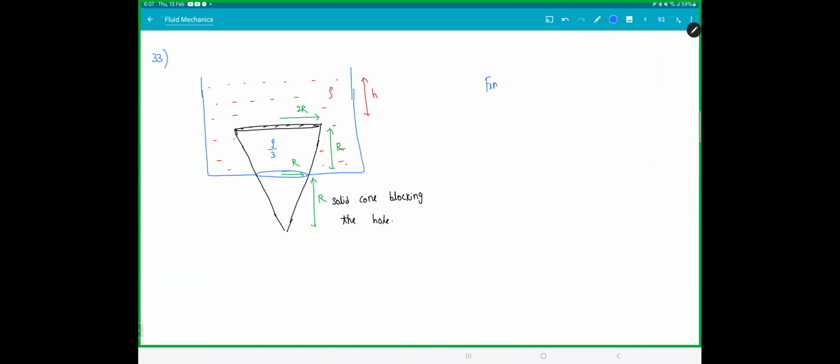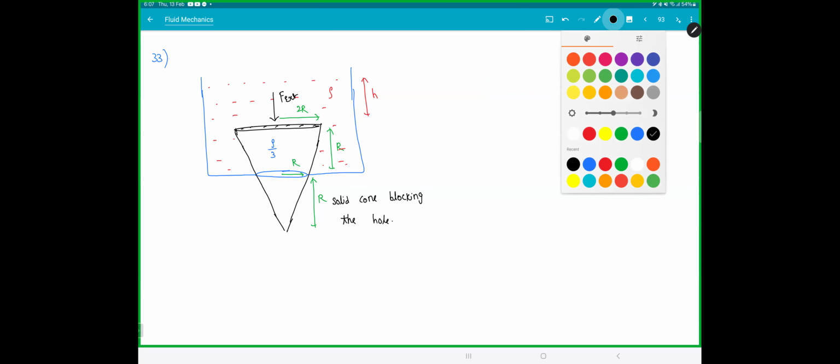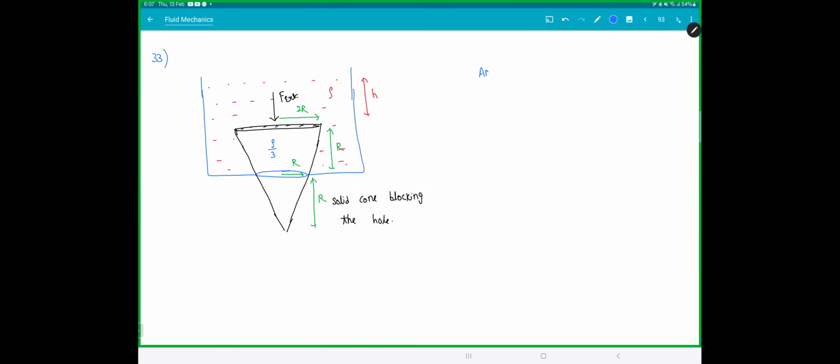Same thing here. Find h. Well, let's do one thing. Someone is also applying a force F to keep the cone at rest. A force F external is applied to keep the cone from coming out.